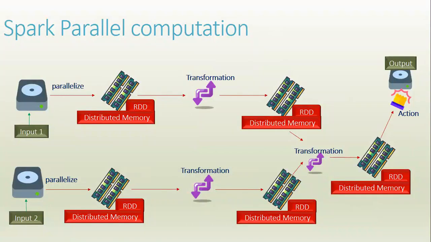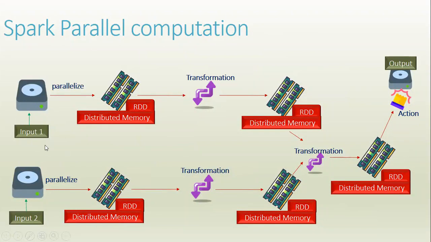When it comes to parallel computation, the data could be read from two different sources. Let's say the data is read as input 1 from one source and input 2 from another source. This could be two different files or two different data sources altogether. This could be a file like an XML, this could be a CSV, this could be a database, and this could be a normal file.